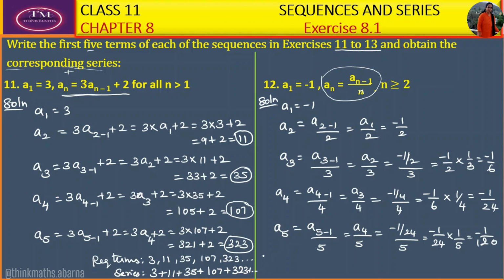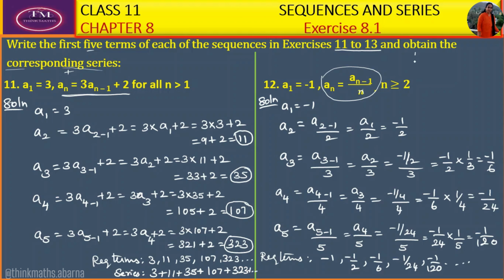Okay. Now, what are the required terms? Our first term is minus 1, second term is minus 1 by 2, third term is minus 1 by 6, fourth term is minus 1 by 24, fifth term is minus 1 by 120.